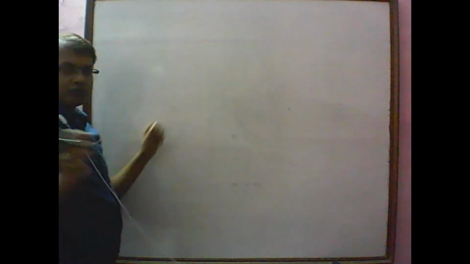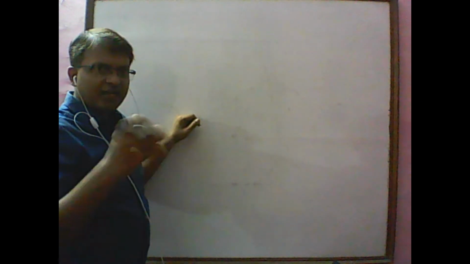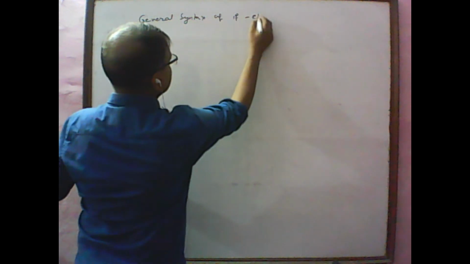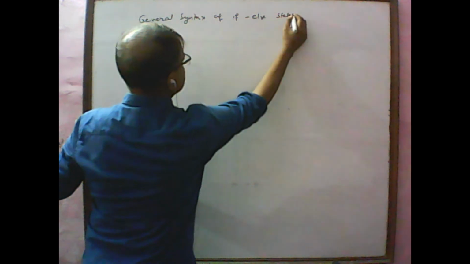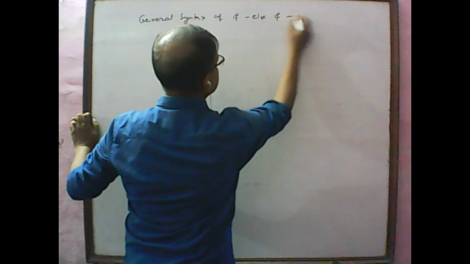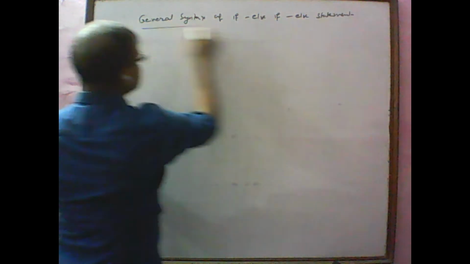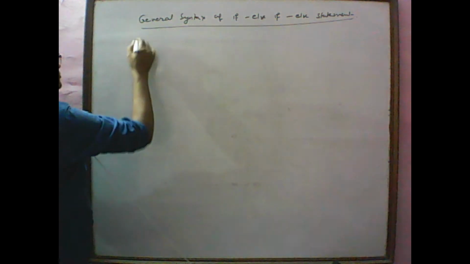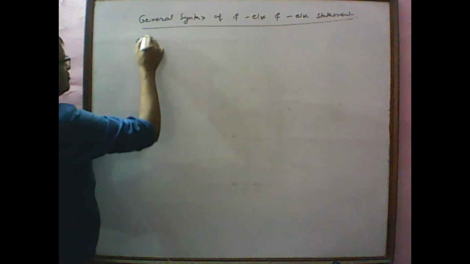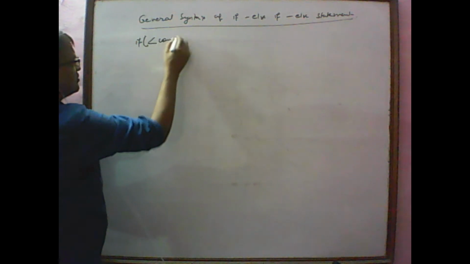So once again, I am going to write the general syntax of the if-else statement. What is the general syntax and how do we implement it? What is the basic concept behind its execution? So the general syntax of the if-else statement, also known as the if-else-if statement: first of all we start with if, then inside if we have to give the condition.